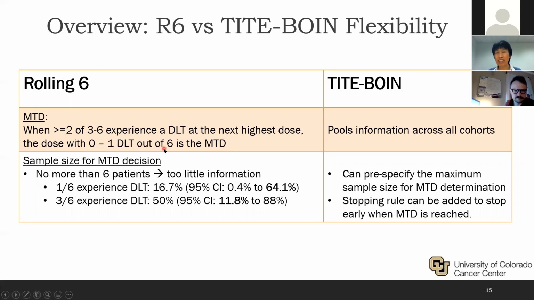There's no calculation, nothing. That's another reason you cannot pre-specify a DLT rate. To determine the MTD, the time-to-bound design will pool all the information across the cohorts to make the determination.